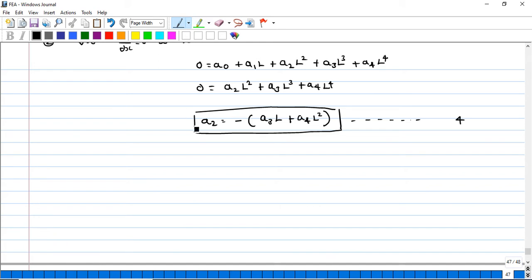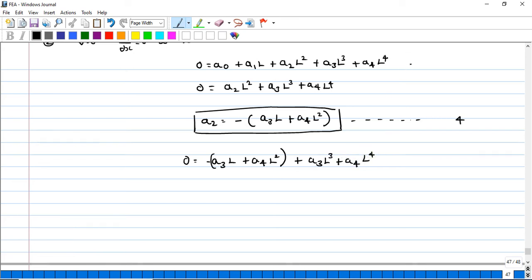Yes. We found what is a2. So next we shall substitute the values of a1 as well as a2. We get, let me write, 0 is equal to a0 will be 0, a1 will be 0, a2 we know it as minus a3 L plus a4 L square, plus a3 L cube plus a4 L to the power of 4.